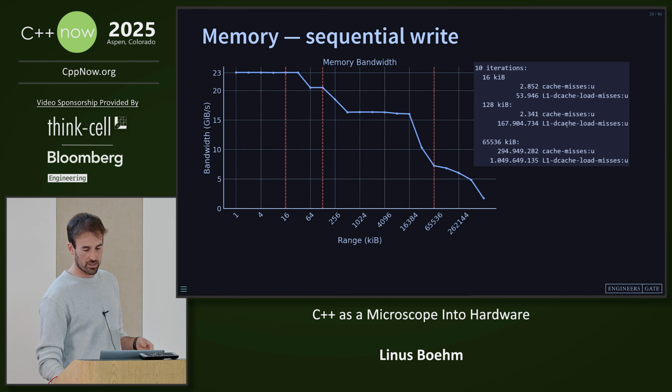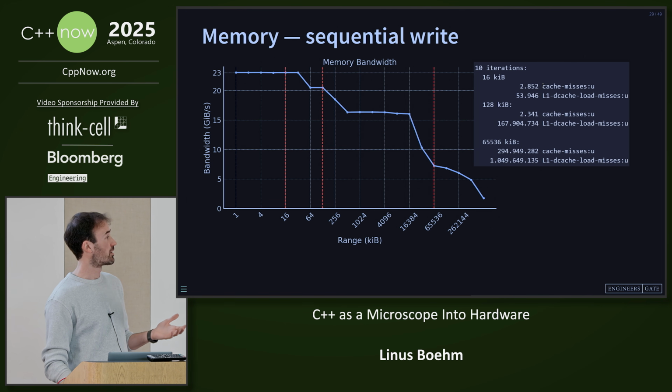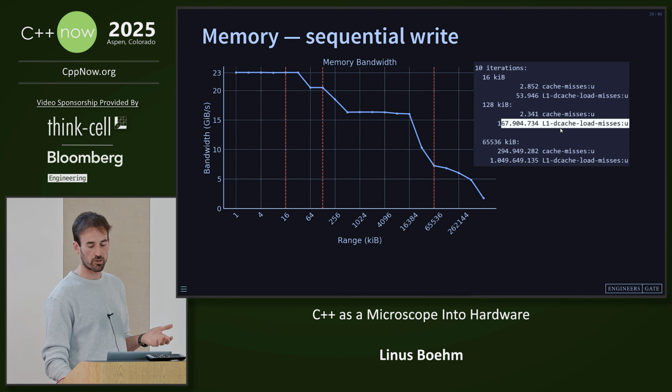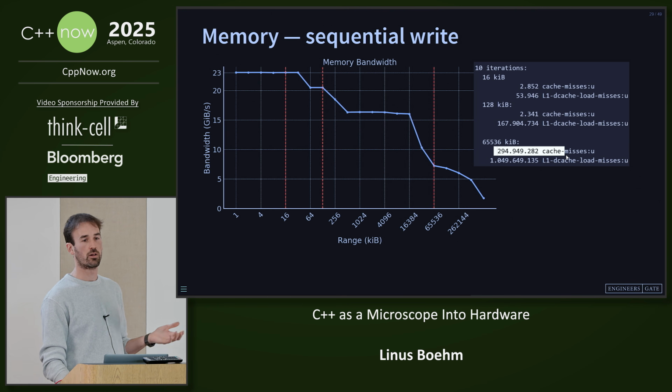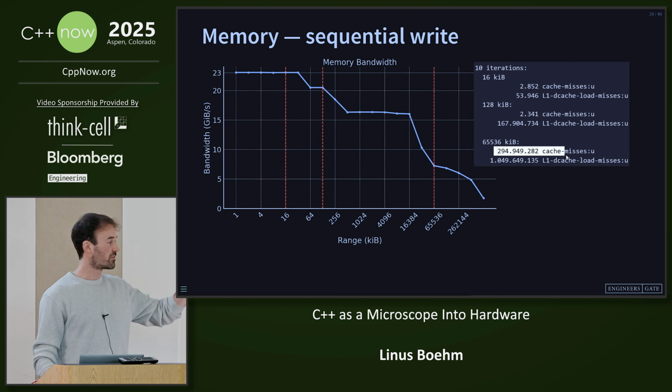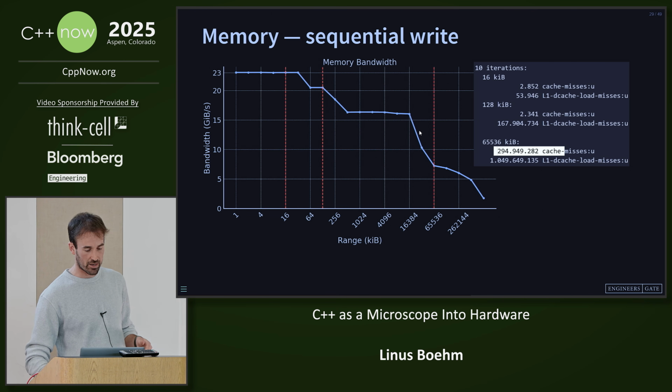At 16 kilobytes, we don't get that many cache misses. At 128 kilobytes, we get a lot of L1 cache misses, so we are probably out of the level 1 cache. And then over here, we've fallen out of all caches. So there are 3 different cache levels.